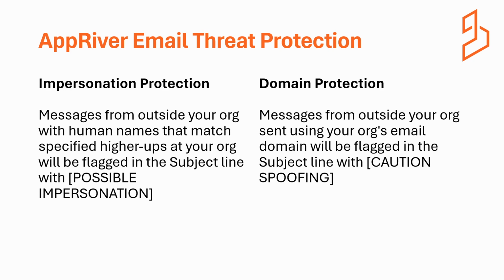So this protects from spoofing attempts. So if an email is really coming from gmail.com, but it's displaying your organization's domain name, it will be flagged with caution spoofing to let you know that this is coming from outside the organization. It's not actually generating from an @duckworth.com email address.